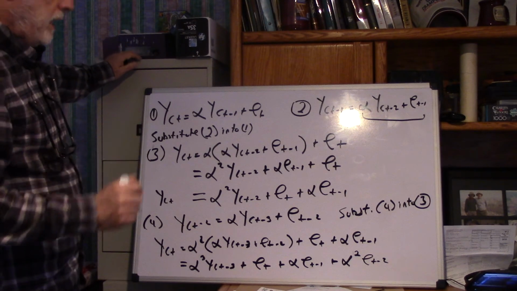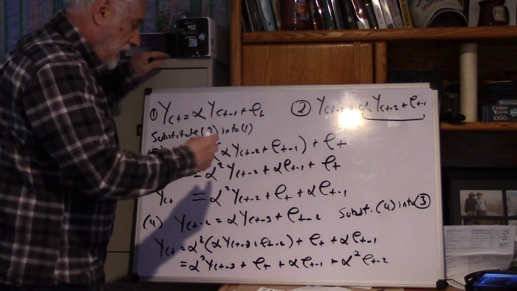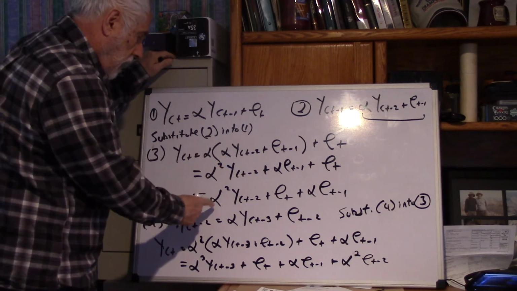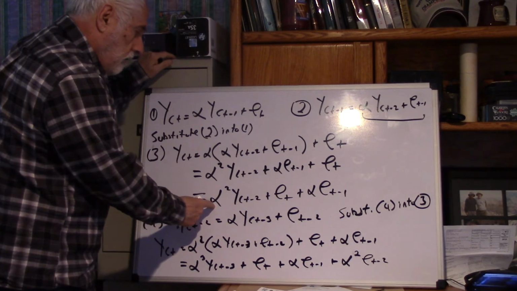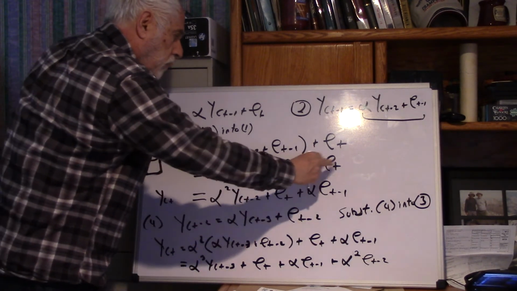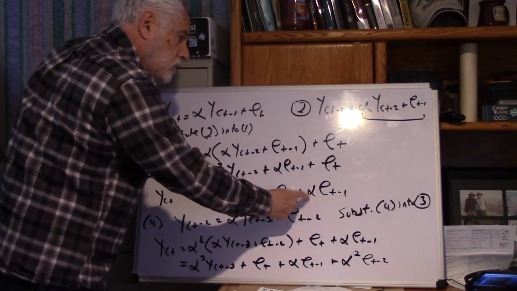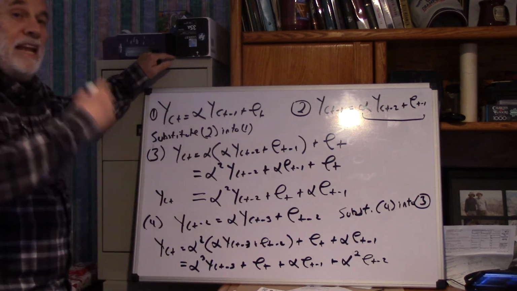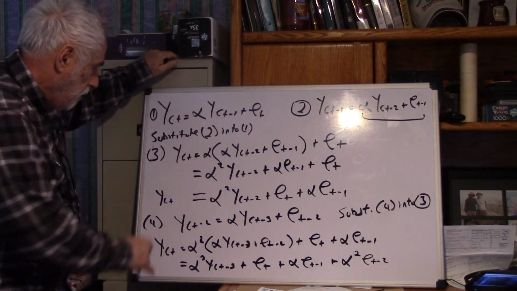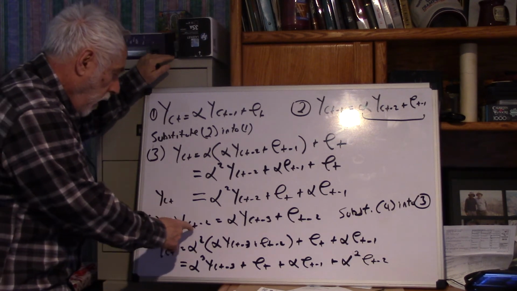I now rearrange. I just want to put this in order of time. So I still have the alpha squared times Y^C_{t-2}, and I'm just rearranging this. I'm putting ε_t first, and then alpha times ε_{t-1} second. Okay, now I'm going to do the exact same thing again. For equation 4, I have Y^C_{t-2}.